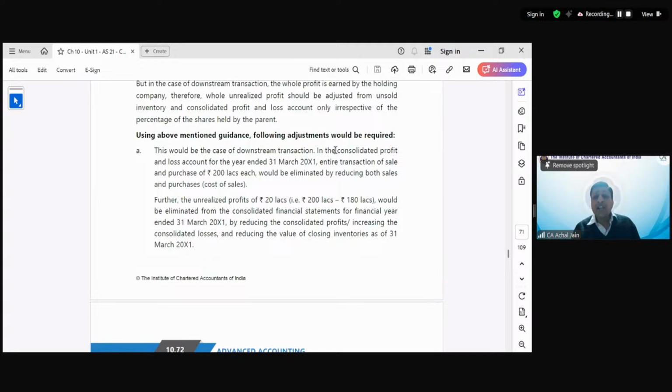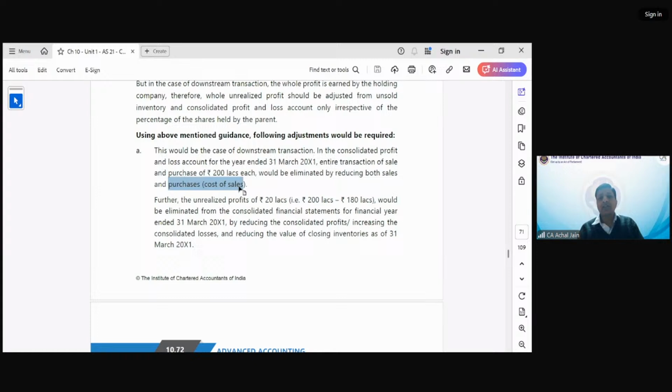In the consolidated profit and loss account, entire sale of 200 lakhs would be eliminated by reducing purchases, or you can say cost of sales. So your first elimination will be in the consolidated P&L. You will eliminate sale as well as purchase.